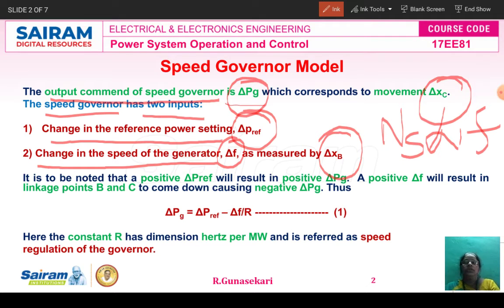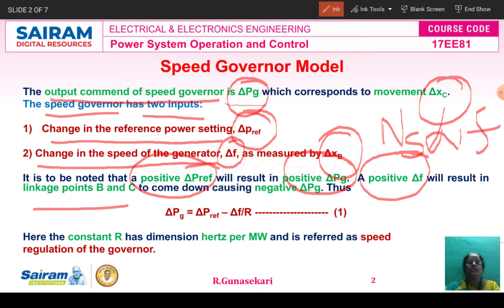Suppose del P reference is positive. The result is that del PG, the governor output, is also positive. Then a positive change in speed of the generator del F will cause the linkage points B and C to come down, causing a negative speed governor output.